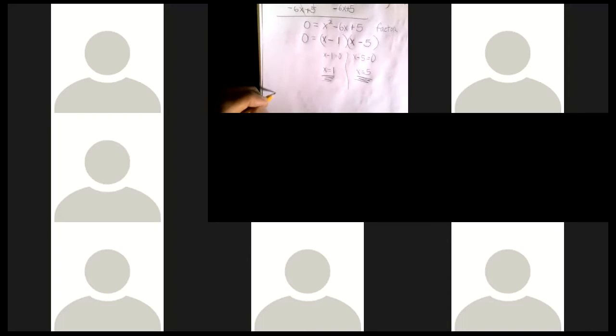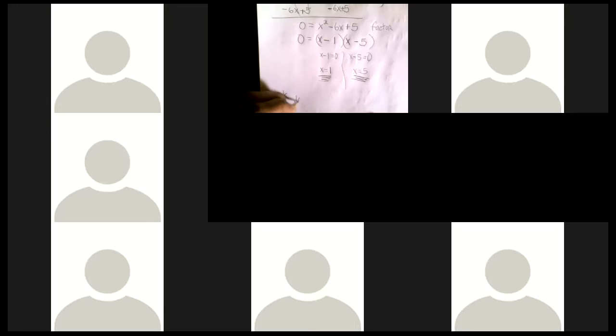So for square roots, we should check the answers in the original problem, to see if any of them work, or one of them works. So first we'll check the 1. Let's put the 1s in here. 6 times 1 minus 5, minus 1.